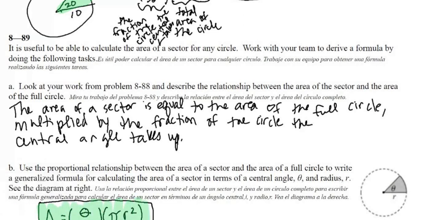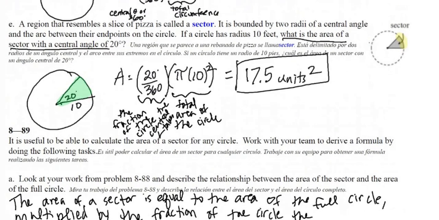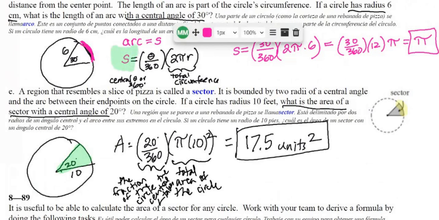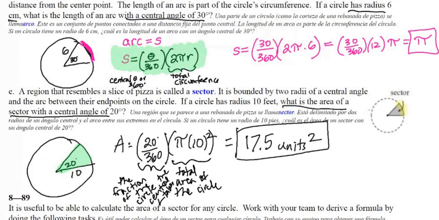This is the area of a sector. And the length of an arc. This one is the length of an arc. And you should be able to use those formulas.